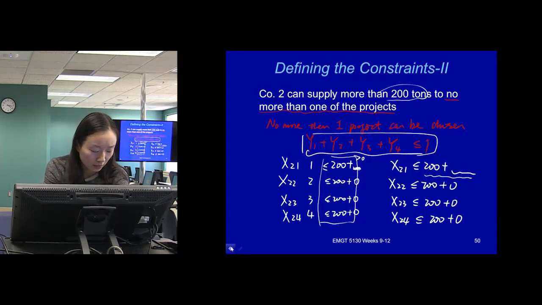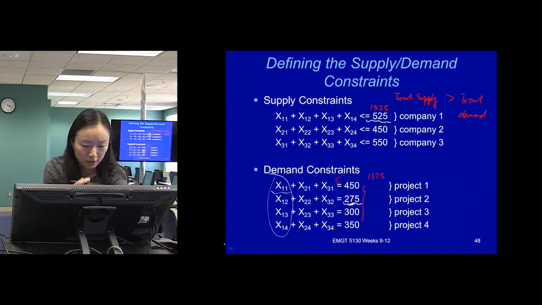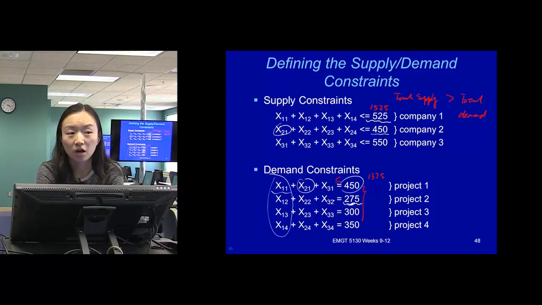Then let's go back to see what's the maximum value x21 can be. We're talking about 21. 21 here, 450, and here, 21. That's the only place that we have 21, right? 450. So 450 is the maximum value x21 can be.